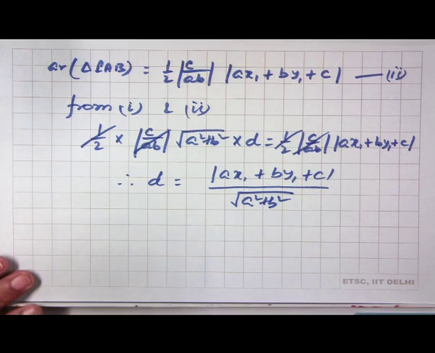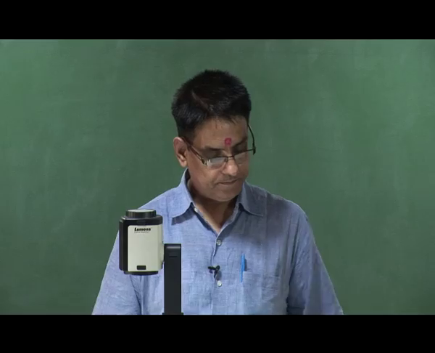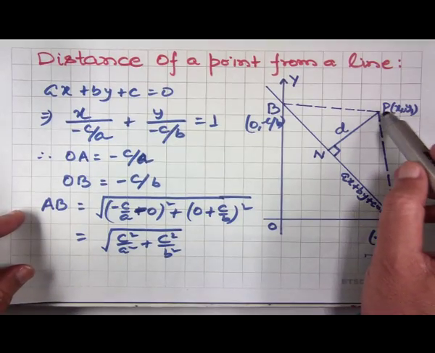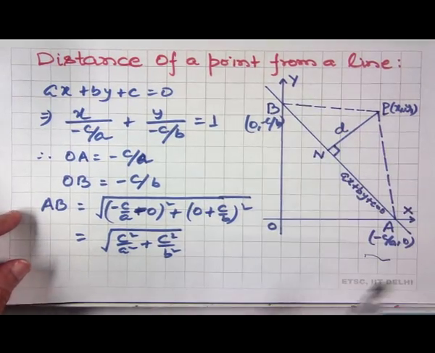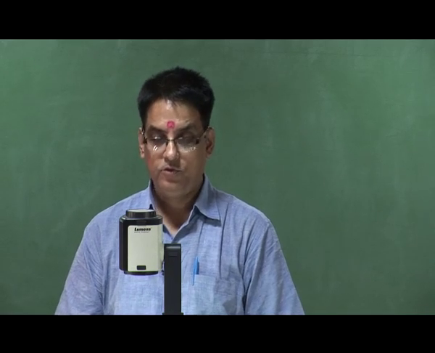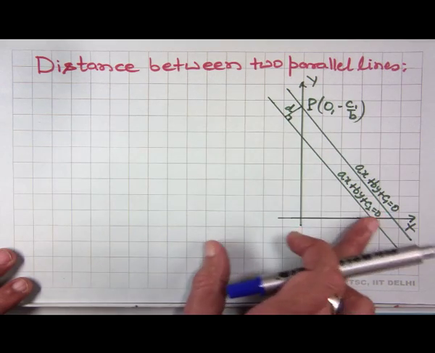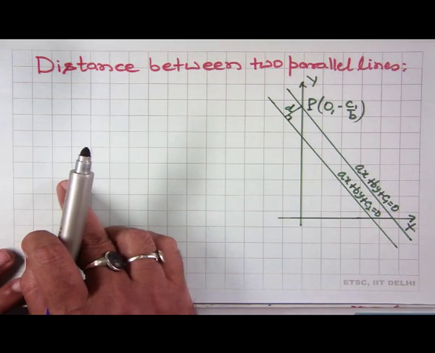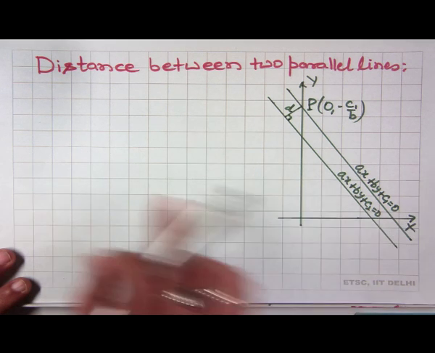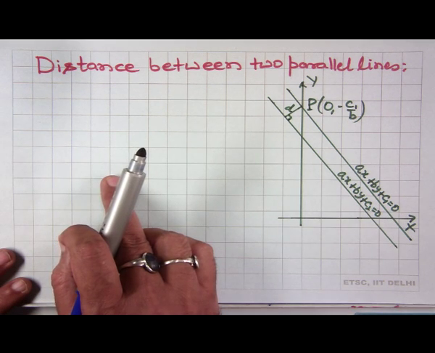So in this way we can find the distance of any point from the line, and the distance between two parallel lines. So here we have two lines, ax plus by plus c1 equal to 0 and ax plus by plus c2 equal to 0.